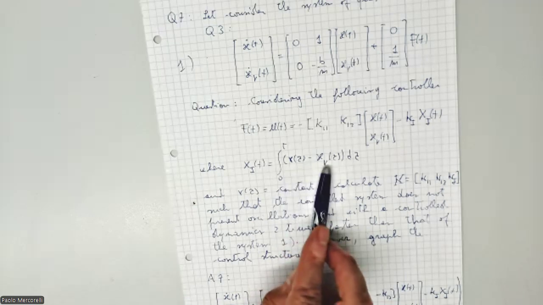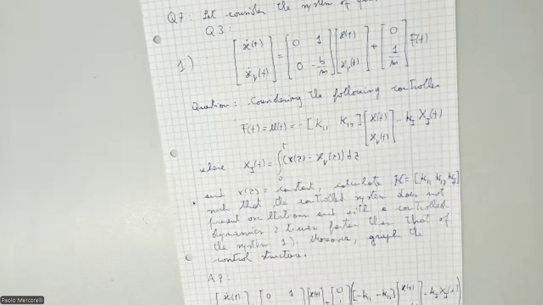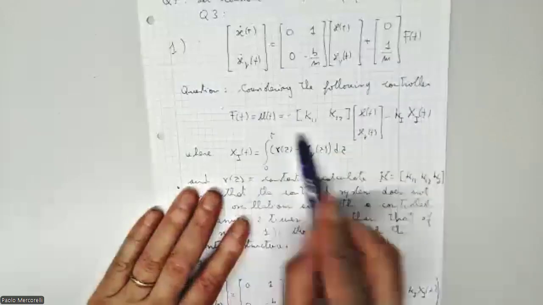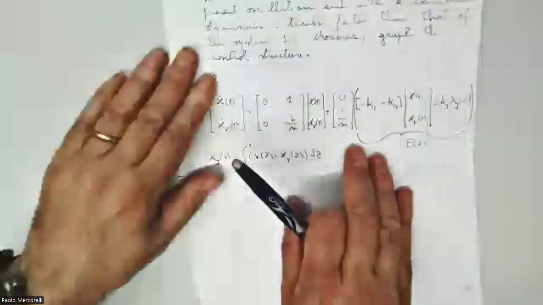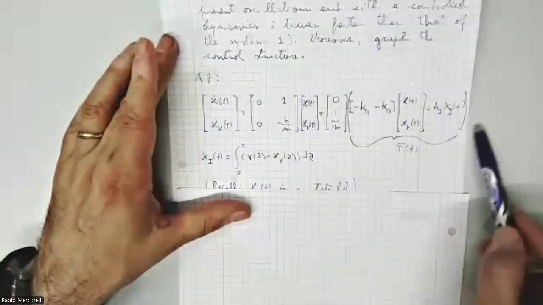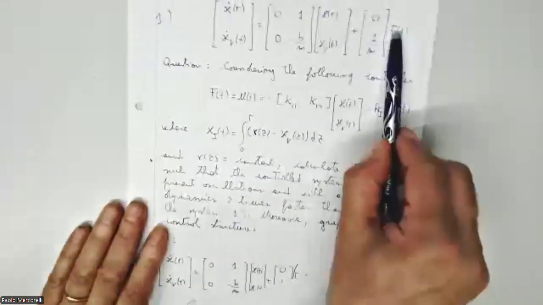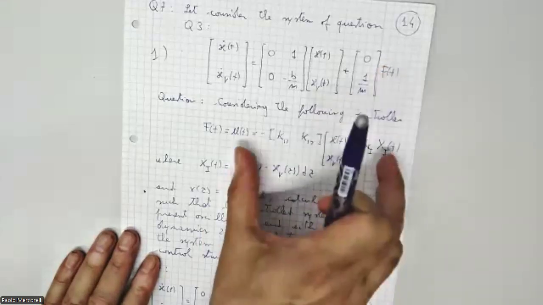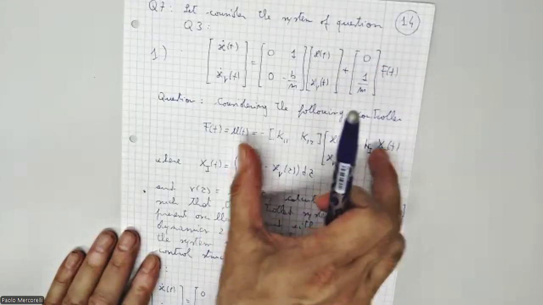And here, minus the actual value of the velocity, which is the state of the system. Plug it into this expression here. I will obtain this. Instead of f, I put here.